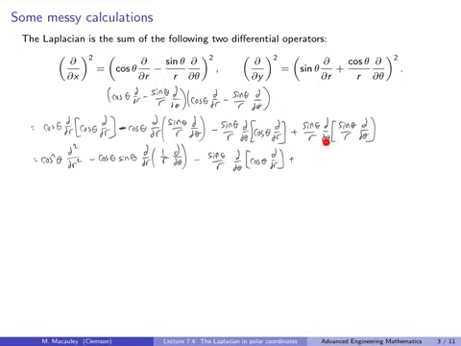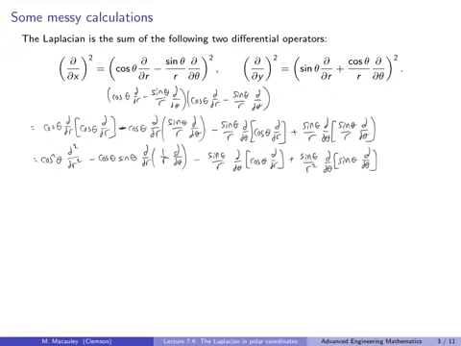We have a d theta here. We can pull out the r, not the theta. So we can write this as sine of theta over r squared and then d theta times sine of theta d theta. Okay, so this one is fully simplified.